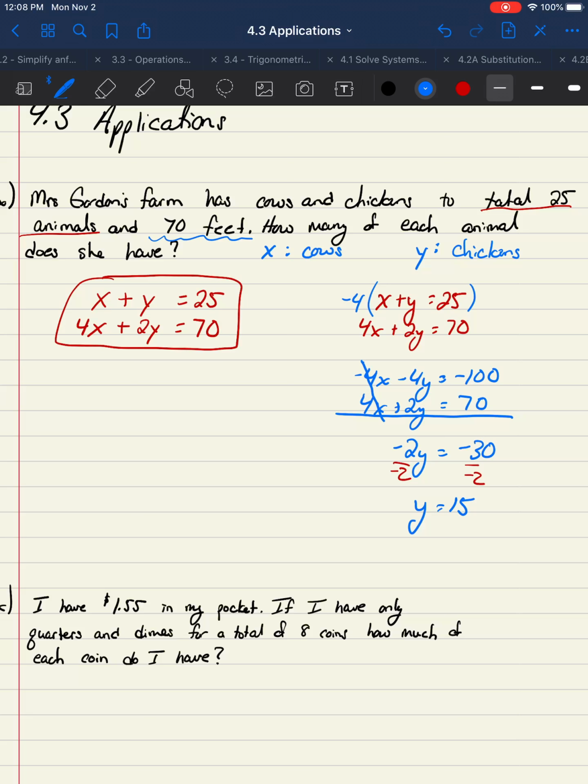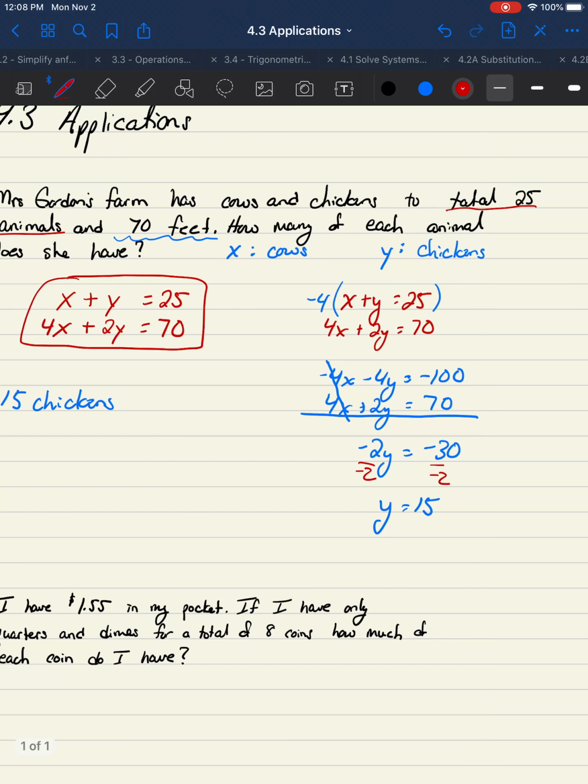But now, back up, and what did Y represent? So that means I have 15 chickens. Then I can use that to figure out how many cows I had. I'm going to pick one of those two original equations, although some of you probably already have this solved in your head.